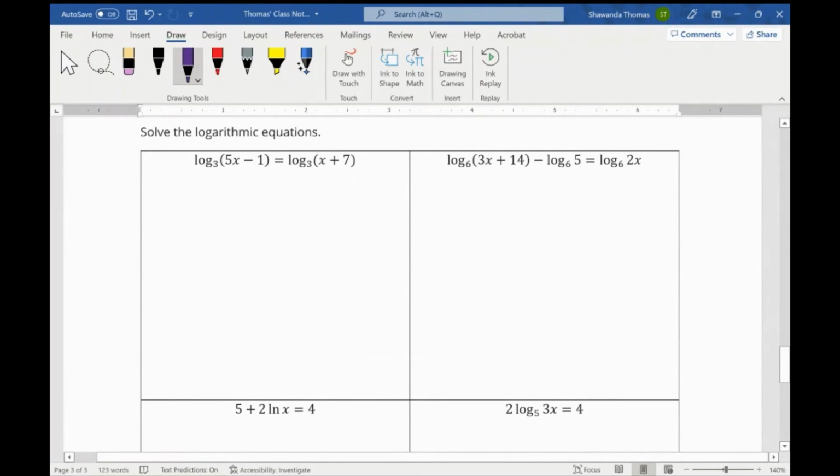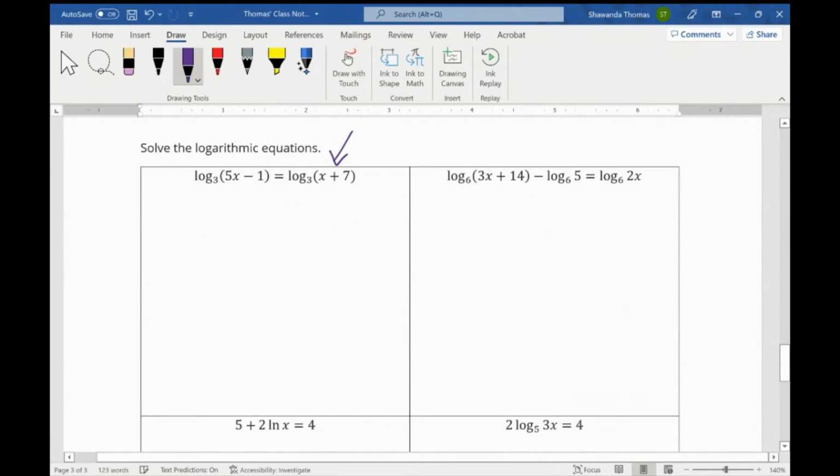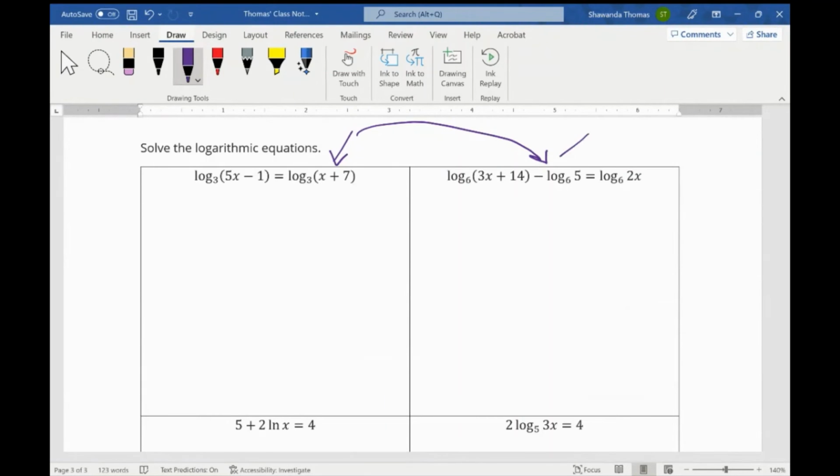Solve logarithmic equations. I like this first one because we can use the one-to-one property. We have the same log on both sides of the equation, and it's just logs. So here's the difference between this one and this one. Notice it has a minus in this one. It has 2 logs on this side, so we can't do the one-to-one property.